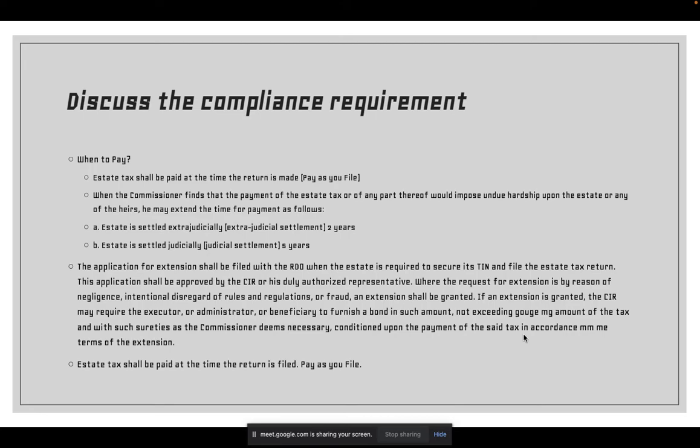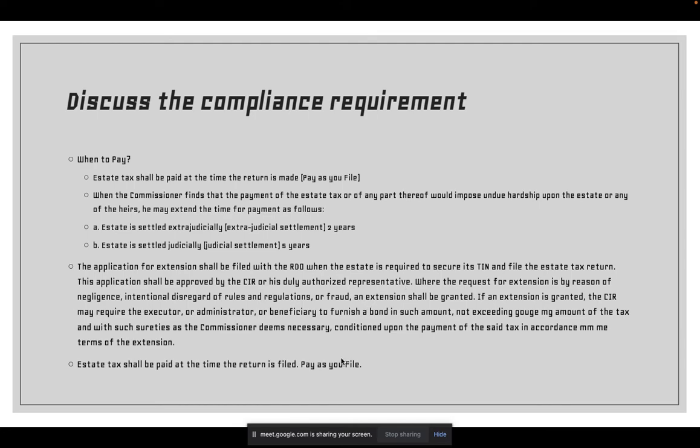Where the request for extension is by reason of negligence, intentional disregard of the rules and regulations, or fraud, no extension shall be granted. If an extension is granted, the CIR may require the executor, administrator, or beneficiary to furnish a bond in such amount not exceeding the amount of the tax and with such sureties as the Commissioner deems necessary, conditioned upon the payment of the said tax in accordance with the terms of the extension.